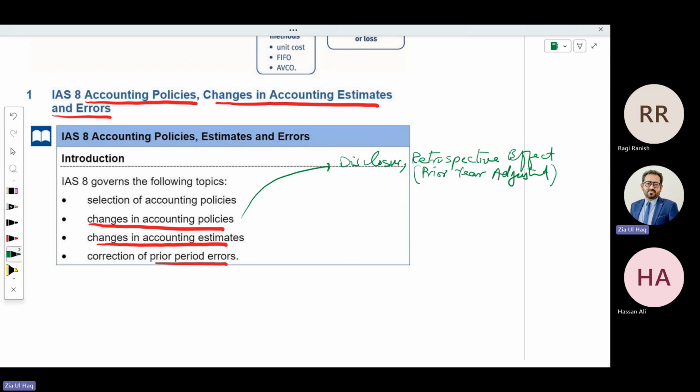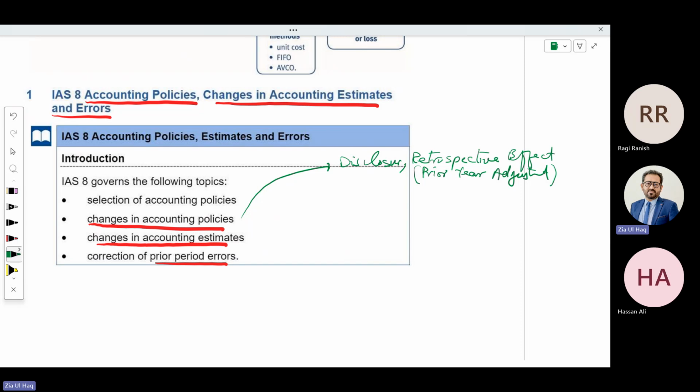It means the policy that you have changed relates to, suppose, any asset. In the past, how many years have you used that asset according to the previous policy? What would the effect have been if the same policy had prevailed in the previous year?